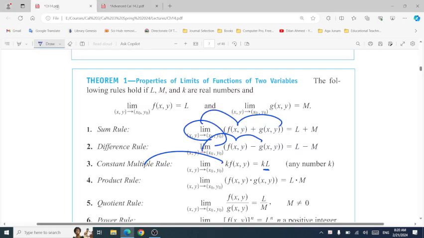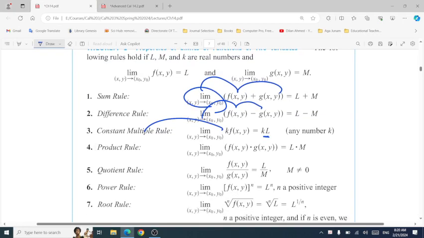The same thing is true for double variables. Look, how about multiplication of two functions? If I have sine and cosine, if we have something like that, you can deal with them separately.